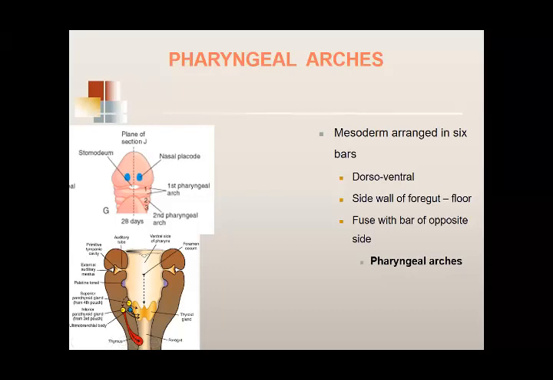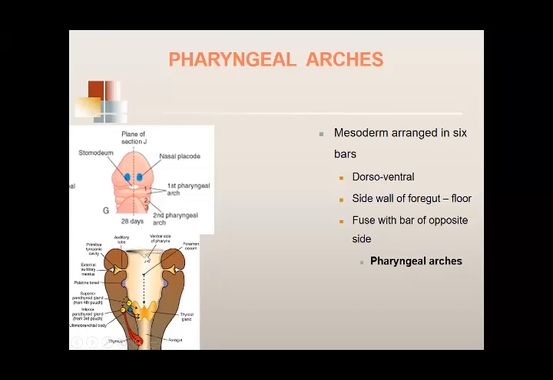This part of the yolk sac then develops into the foregut, and the most cranial part of the foregut is the pharynx. So this is the developing pharynx. This pharynx obviously is made up of endoderm, because it was formed from the yolk sac endoderm.